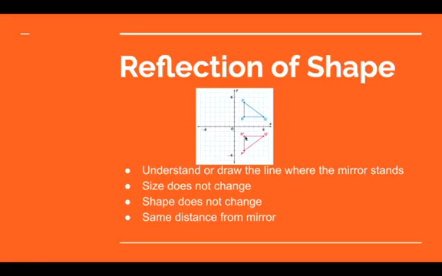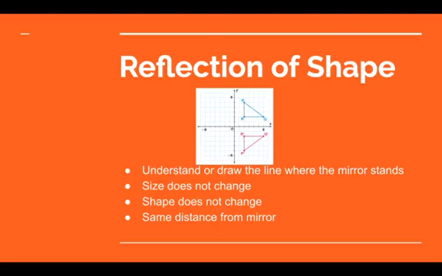So you can learn a lot from this simple example, you can see the properties of a reflection. For example, the size of the triangle or the size of the shape does not change. Since you reflected this triangle, it does not change. When you take a normal mirror and you just look at yourself in that mirror, your size does not change, your shape does not change.